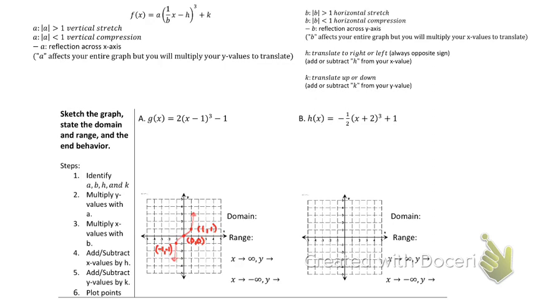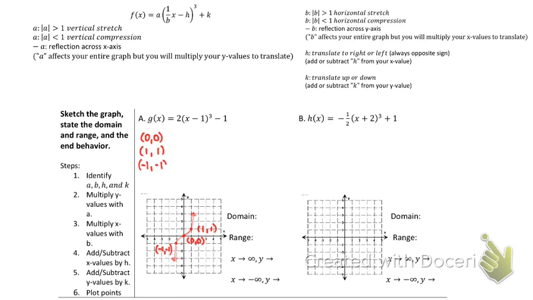Okay? So just like I did in examples on previous notes, I'm going to write down my points. Even though I plotted them, I want to write them down now. So I have (0, 0), (1, 1), and (-1, -1).